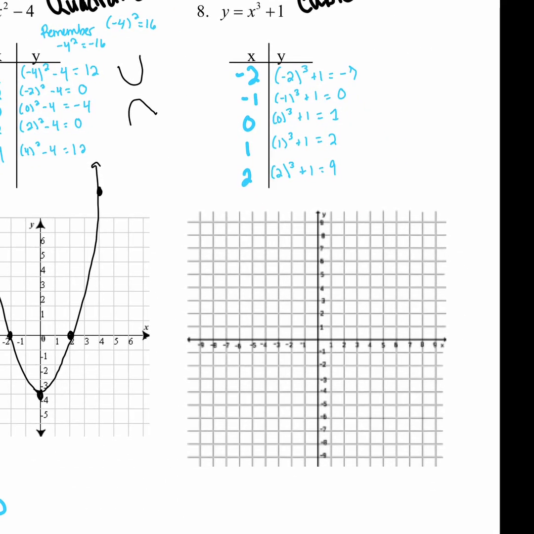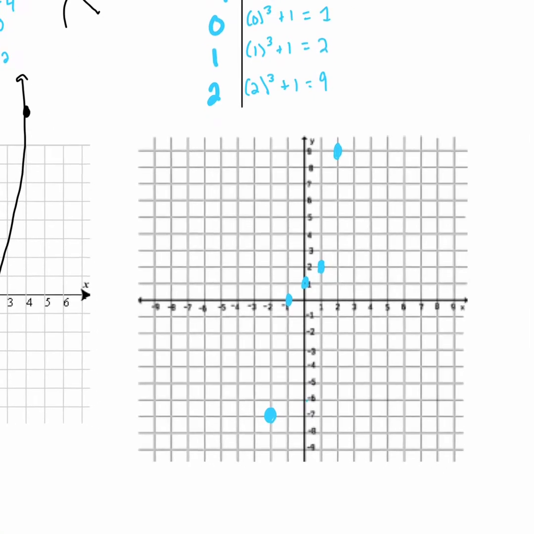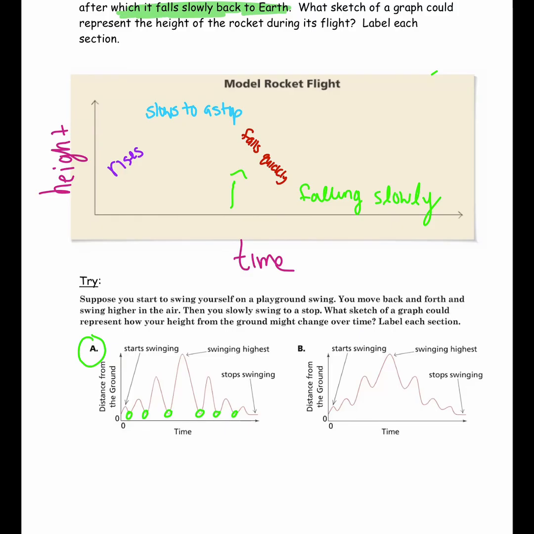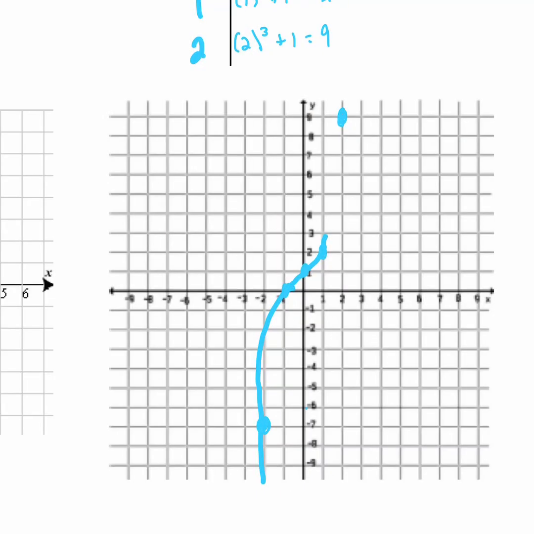So graphing these, we have a point here. -1, 0, 0, 1, 1, 2, 2 up to 9. So the way this graph looks is we have a curve here, and then a curve going down, and then to the top. Okay, so one more time, let me draw that for you again. Oh, sorry guys. So a curve, and then a curve.